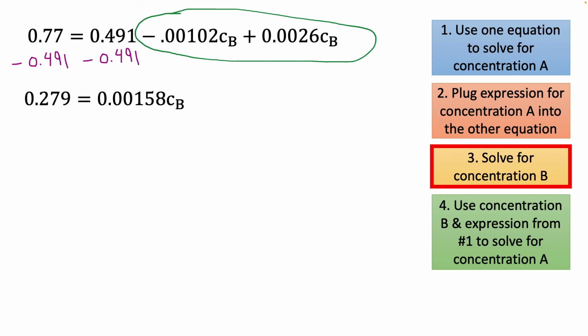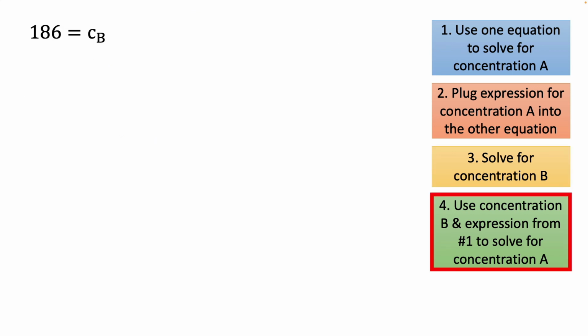When we do that, we get 0.279 equals 0.00158 times the concentration of B. Then we can divide by that factor to get the concentration of B equaling 186.